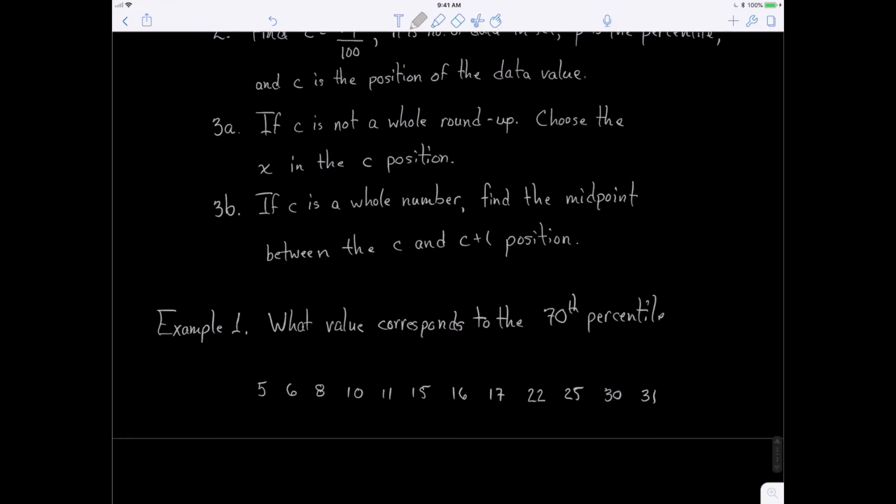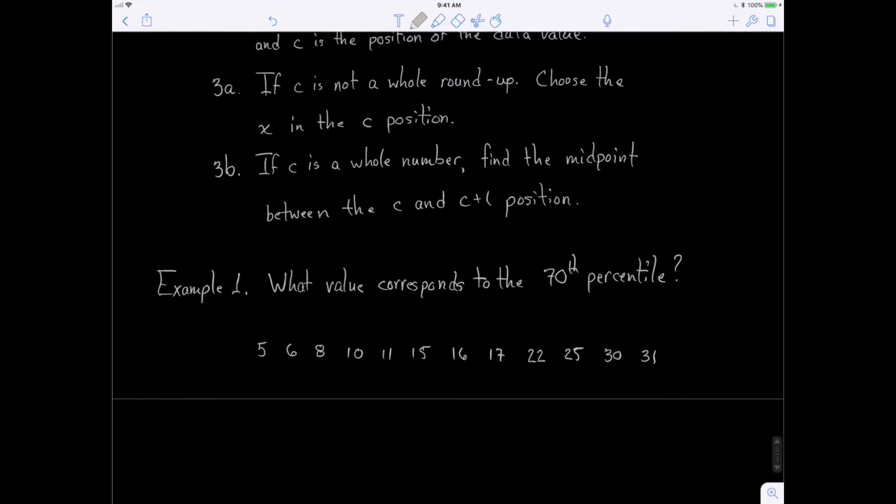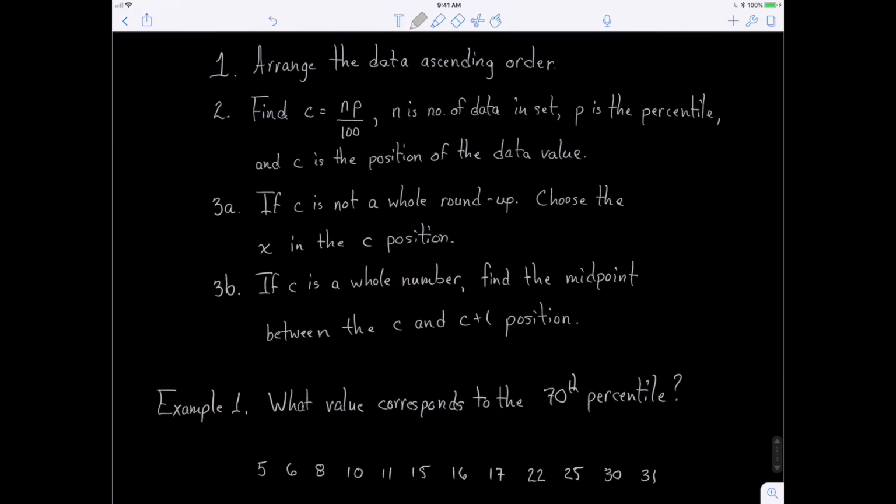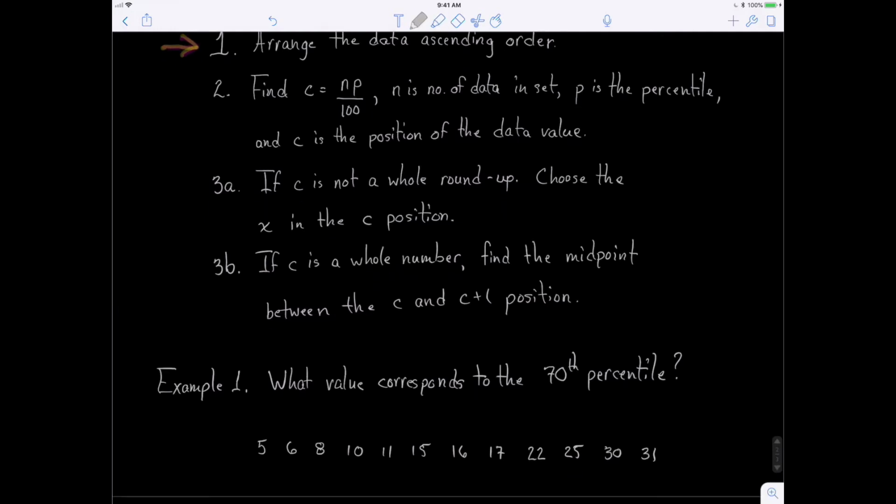All right, let's try this question. I've just brought down the data set from up above, and notice that step 1 was arrange the data in ascending order, and I've already done that. So step one we've already accomplished.